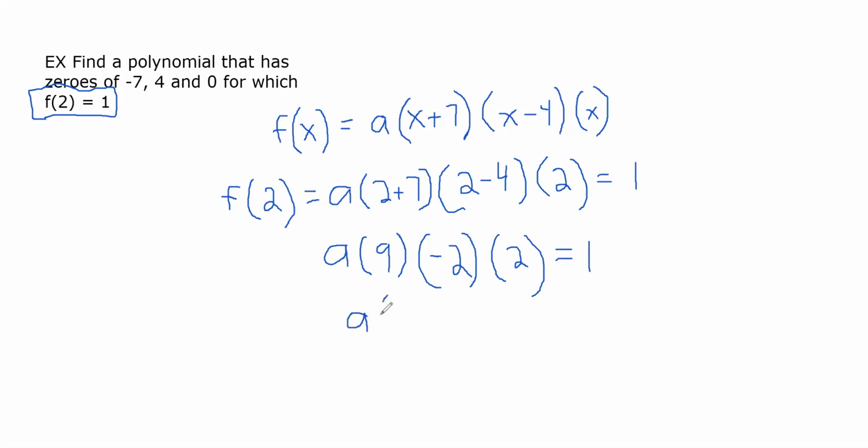So this reduces to A times -36 equals +1. Now I would just need to divide both sides by -36 to get A by itself. So that constant ends up being -1 over 36.